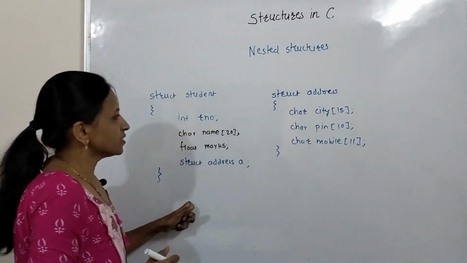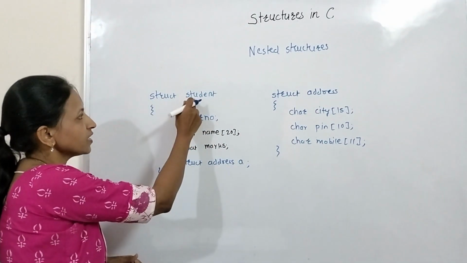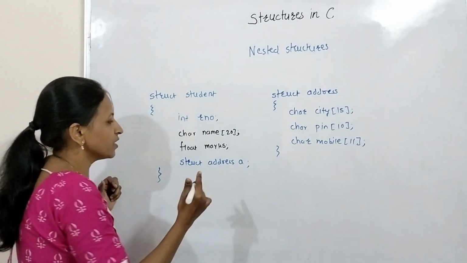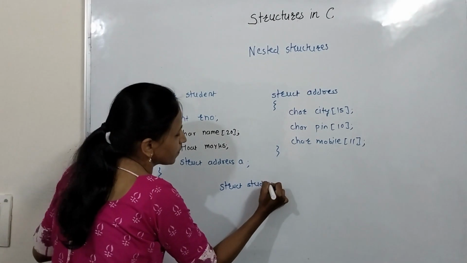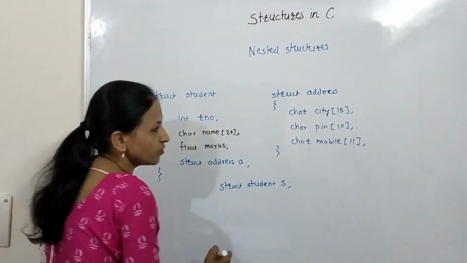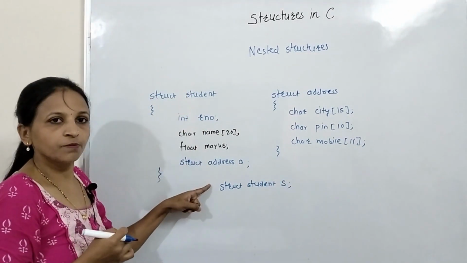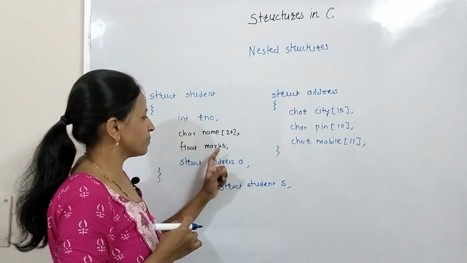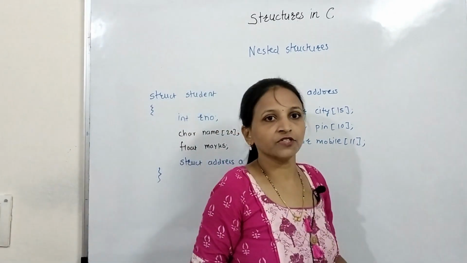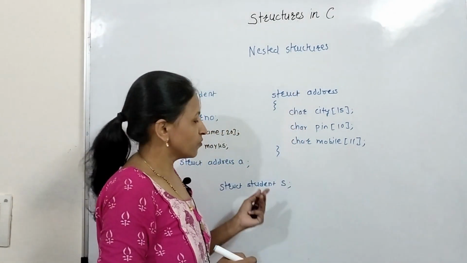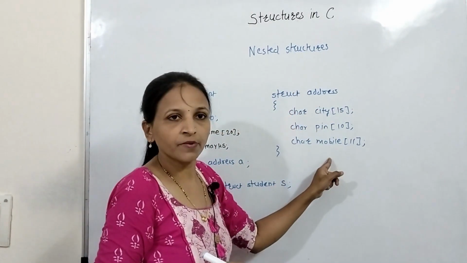Now how to use this? Suppose I want to create a variable of this struct student. How do we create it? Like this, struct student, let S. Now S will have internally all these members like s.rno, s.name, s.marks and s.a. But s.a is again not individual. It is again formed of these three members.